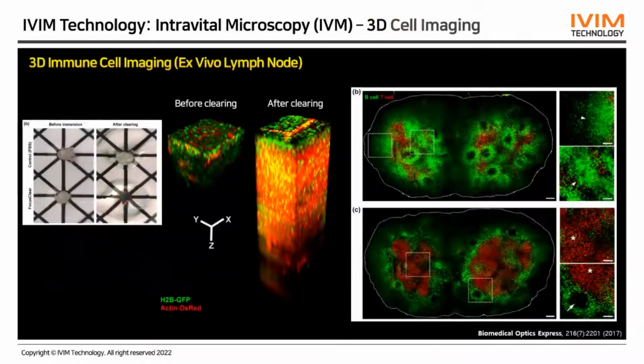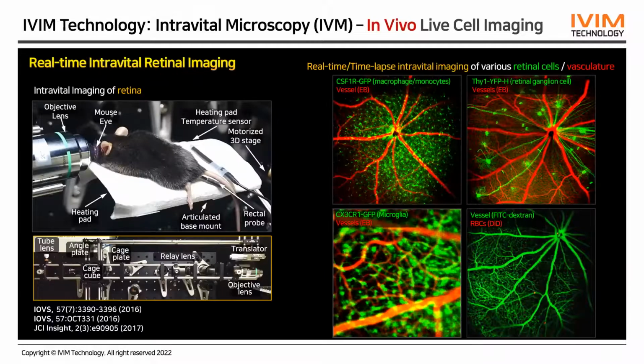Aside from in vivo imaging, optical tissue clearing technique enables 3D deep tissue imaging of intact lymph node, visualizing the three-dimensional cellular distribution of the T and B lymphocytes in the lymph node at specific time points. In addition, we can perform in vivo retina imaging by utilizing an additional optic system.